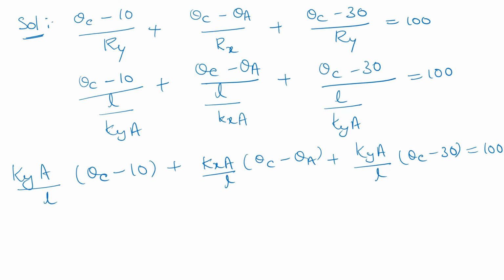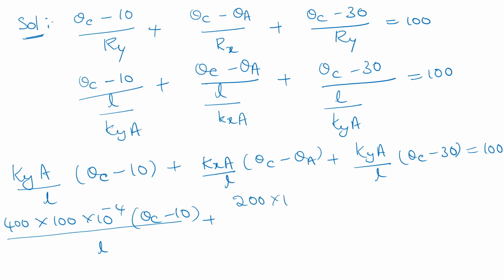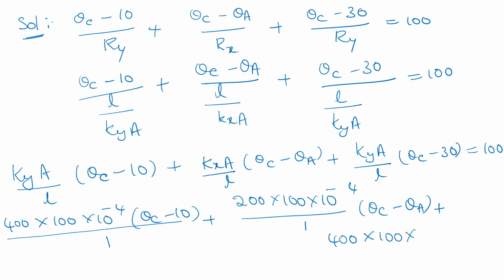Now substituting values here, Ky, nothing but thermal conductivity of the rod Y, 400 into area, they given as 100 into 10 to the power of minus 4, (theta C minus 10) by L, plus 200 into 100 into 10 to the power of minus 4 (theta C minus theta A) by 1, plus 400 into 100 into 10 to the power of minus 4 (theta C minus 30) by 1 is equal to 100.